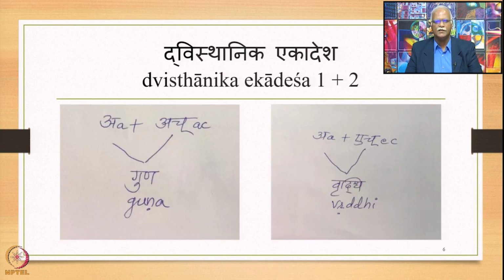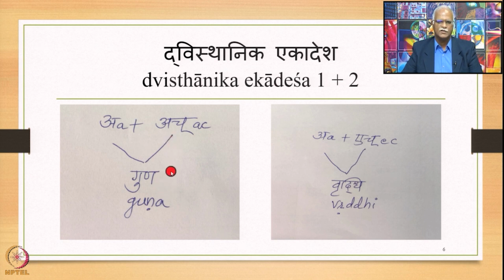Then we studied the five instances of Dvisthanika Ekadesha. The first and the second one are stated on this slide. So if you have a followed by any ach in general, both of them get substituted by one guna substitute.